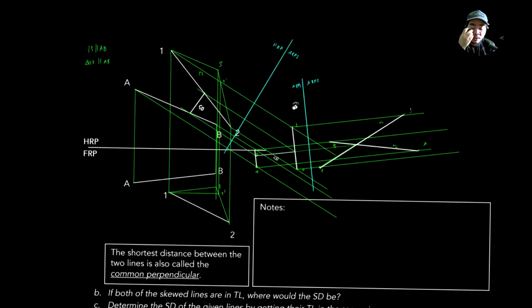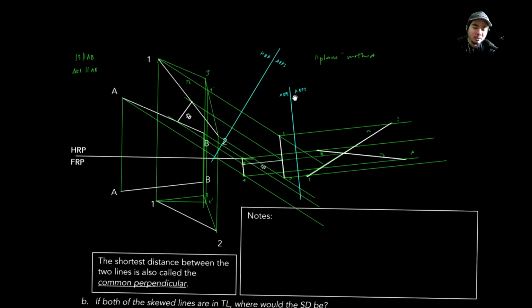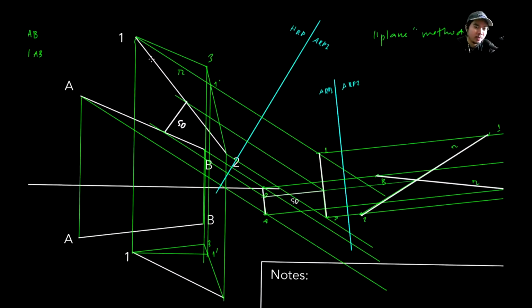Okay? So that is, I don't know the term dito, no? Hindi ko alam kung ano yung term na ginagamit to describe this method, pero I just call it as the plane method, no? So summary of the method, kumuha tayo ng arbitrary plane that is na sinadya natin na maging parallel sa line AB.